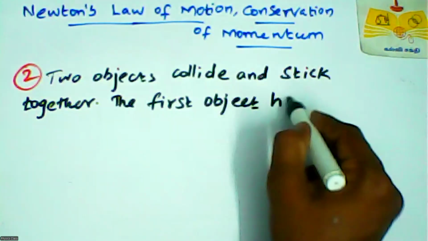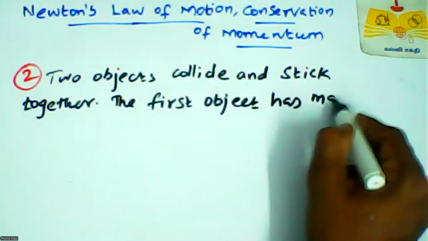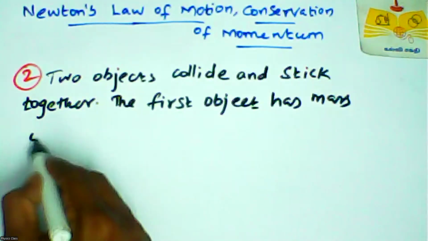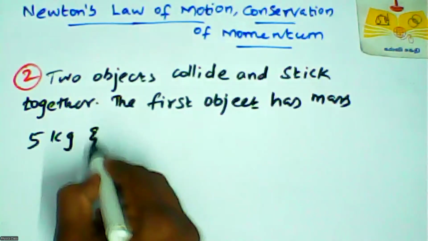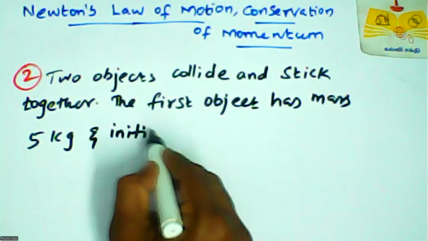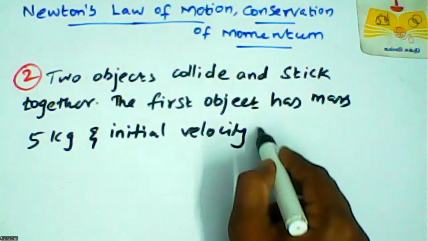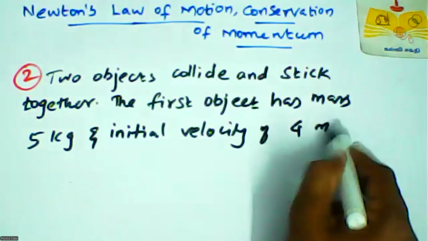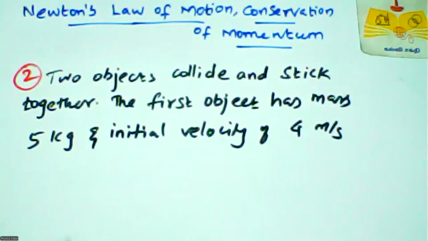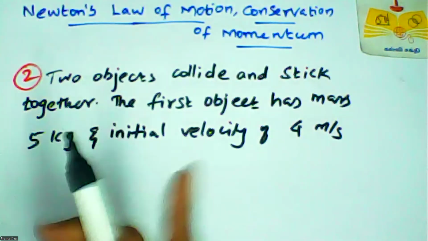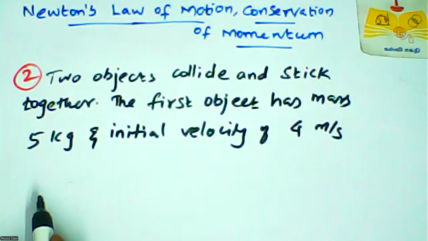The first object has mass 5 kg and initial velocity 4 meter per second. So mass and velocity.